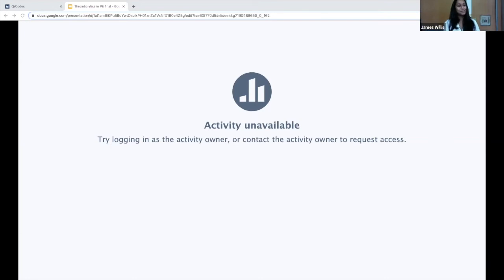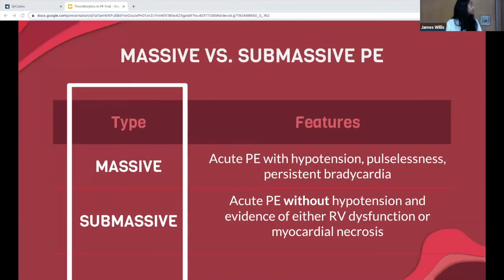It's a rhetorical question. Basically, the question for those in person and you're seeing on your phone: submassive PE is defined by either hypotension, evidence of RV dysfunction, evidence of myocardial necrosis, or both B and C, or none of the above. So we'll just go over the definitions of some subgroups of PE, which is massive versus submassive. Initially, the definitions were actually based on clot burden, but then the definition slowly changed to clinical presentation.